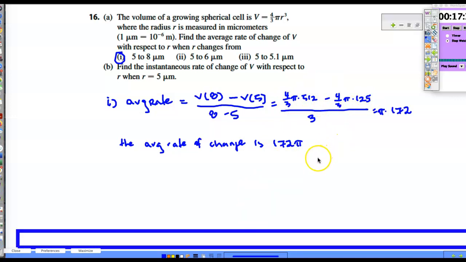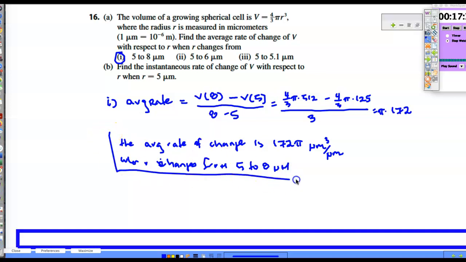Well, the numerator represents volume, so that's micrometers cubed, and the denominator is micrometers, when r changes from 5 to 8 micrometers. And that would be for the first part.